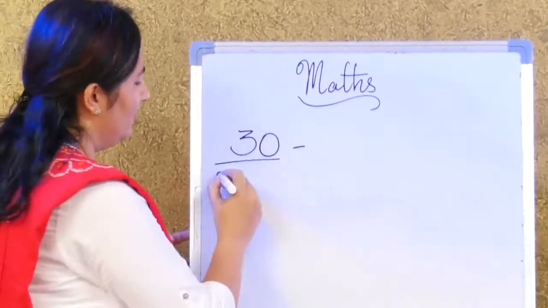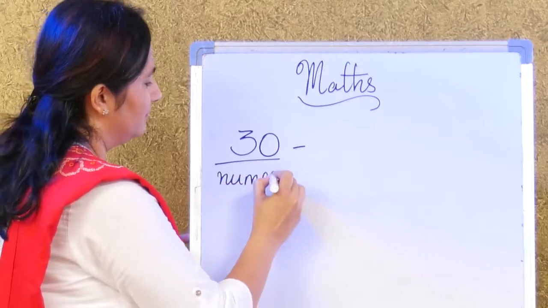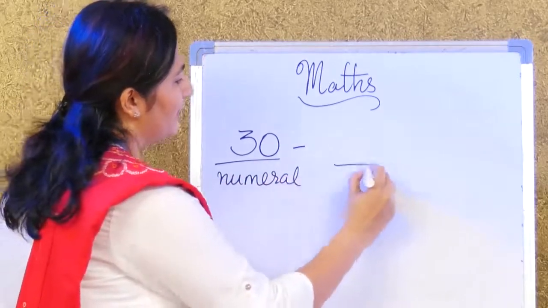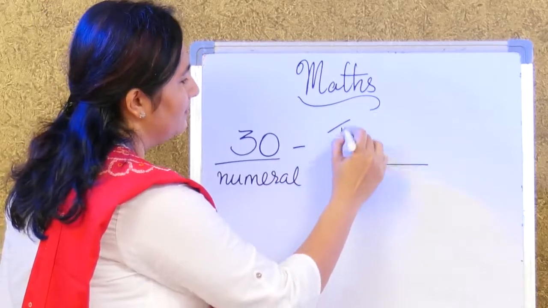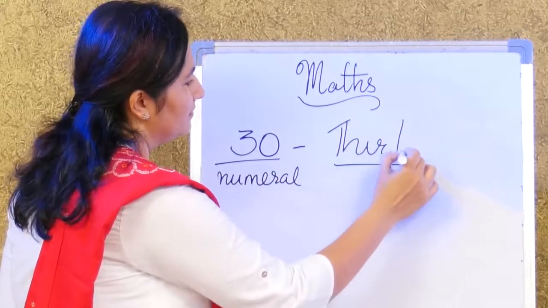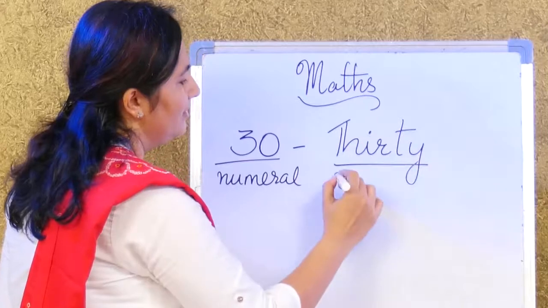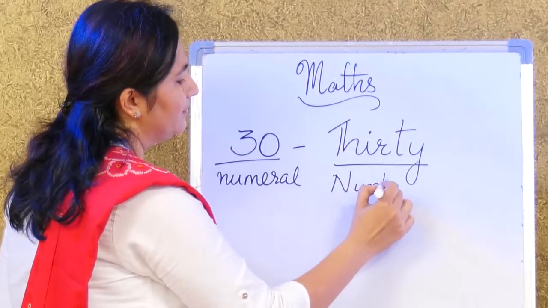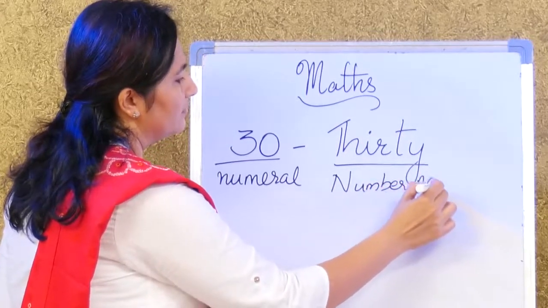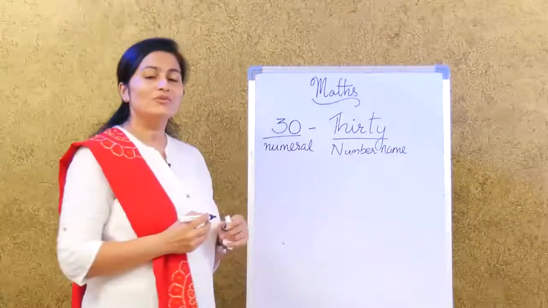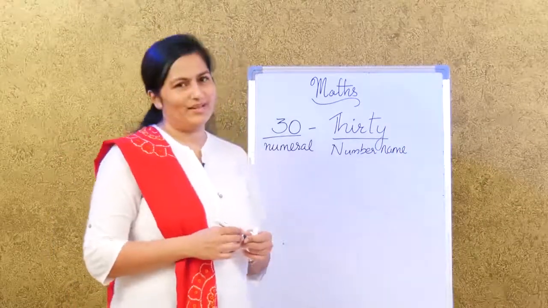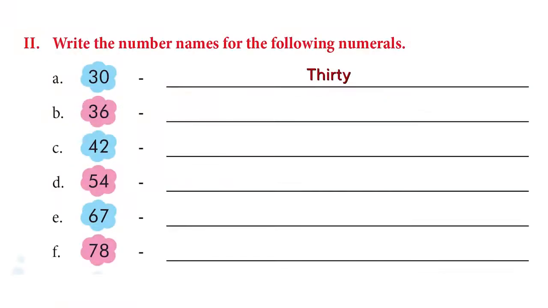This is the numeral, and "thirty" is the number name. You know it already, it's just a brush up. The second one would be 36, thirty and six. Okay, can you fill in the rest of it?